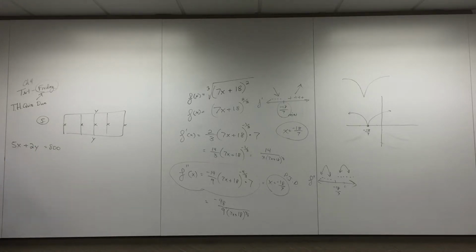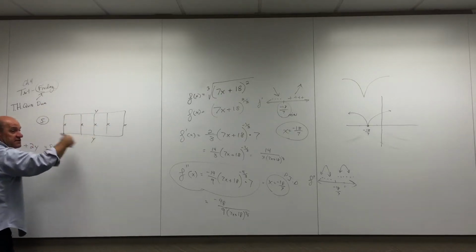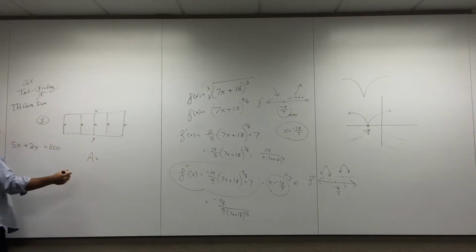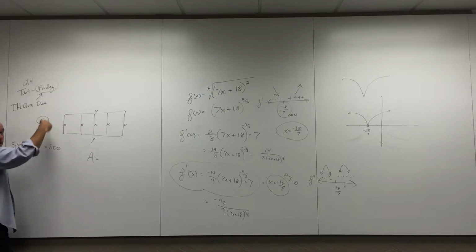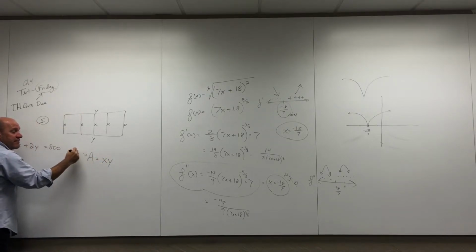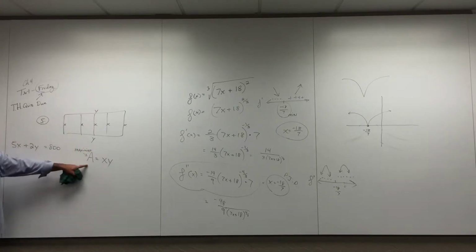But the other thing I'm trying to do is maximize the area of this thing. Just try to picture the whole thing, forget all the cross fences. The area of the whole thing is x times y, width times length. This is the quantity you're trying to maximize. So you want to take its derivative. When is it a maximum?